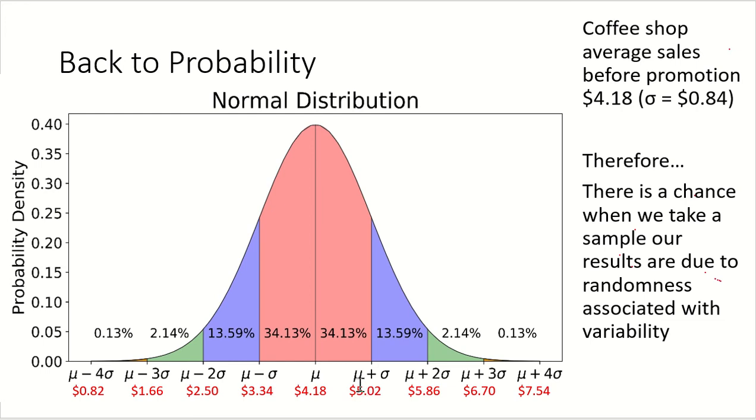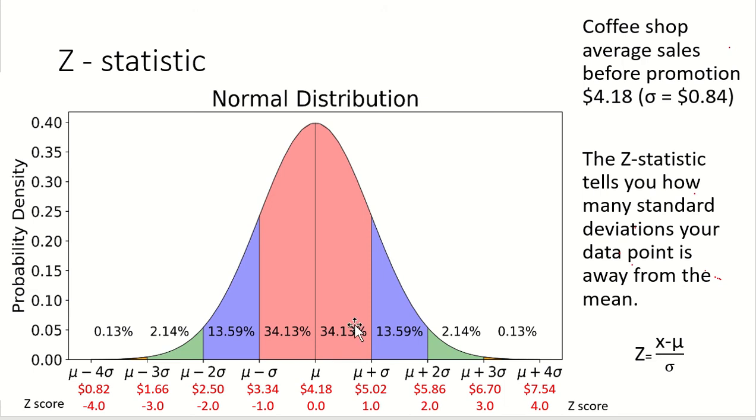We often refer to this as a Z statistic. The Z statistic tells me how many standard deviations one data point is away from the mean. So I'm going to have a data point, the X value, subtract away the mean, and then divide by the standard deviation.